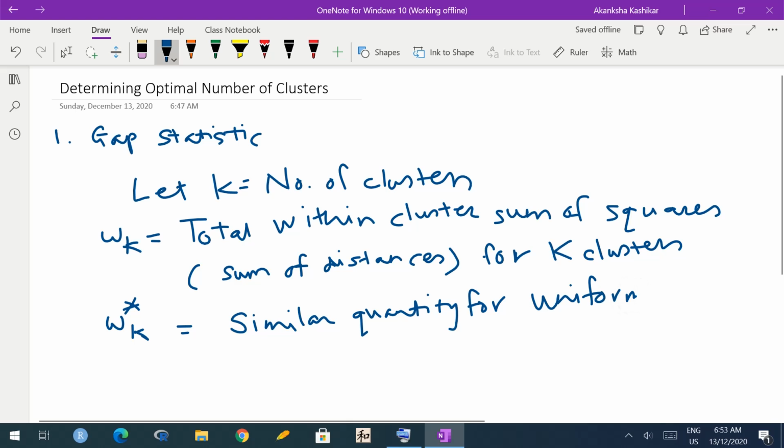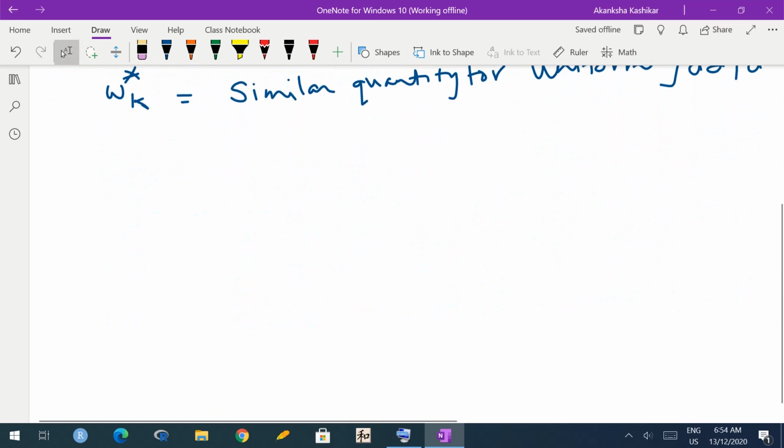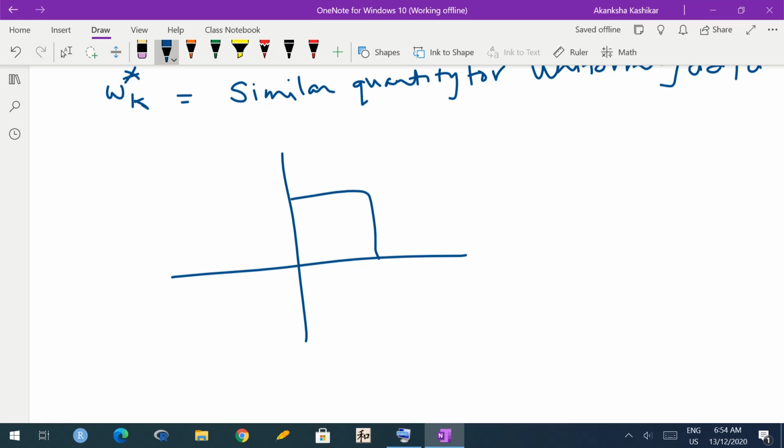Suppose I have bivariate data which is roughly in the bivariate unit rectangle. Suppose all my data is confined to this rectangle, then from this rectangle I can uniformly generate points.